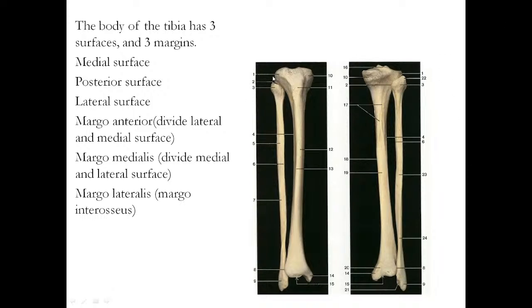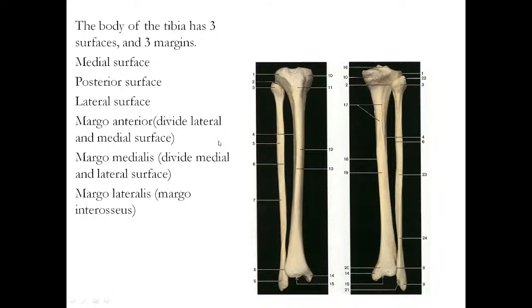The body of the tibia has three surfaces and three margins. You see, this is the medial surface. This is the posterior surface and the lateral surface. And the tibia has three margins.